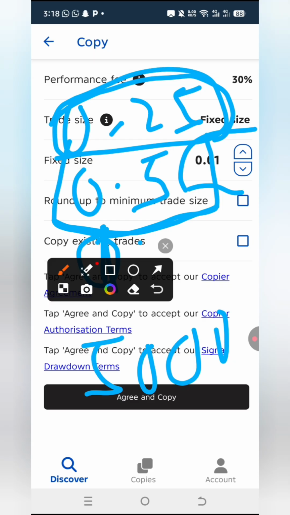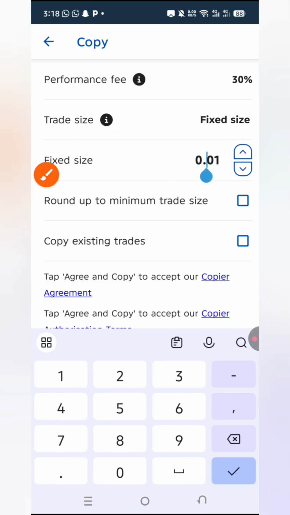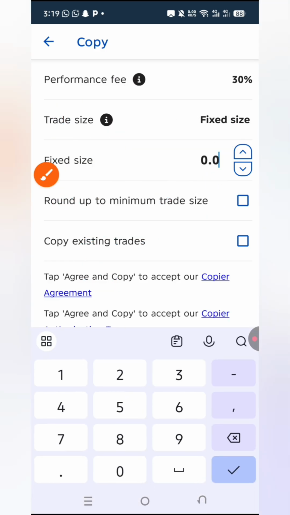So you can do that. That's the major thing here. So I want to put in, for somebody who is a very low risk taker, 0.25. So round up to minimum trading size.